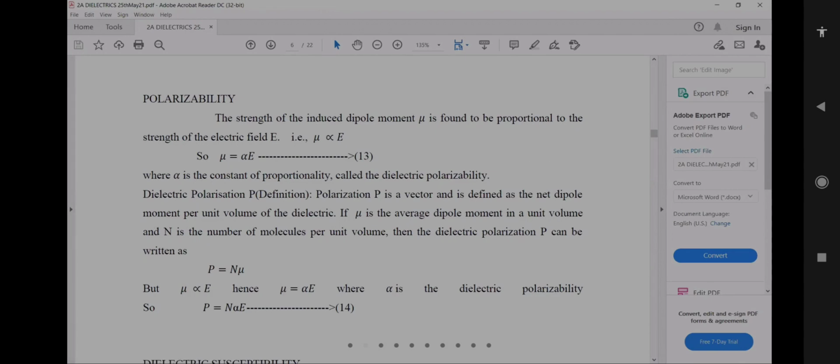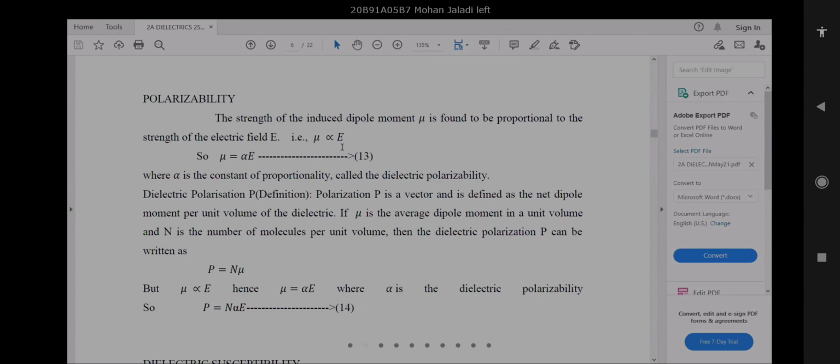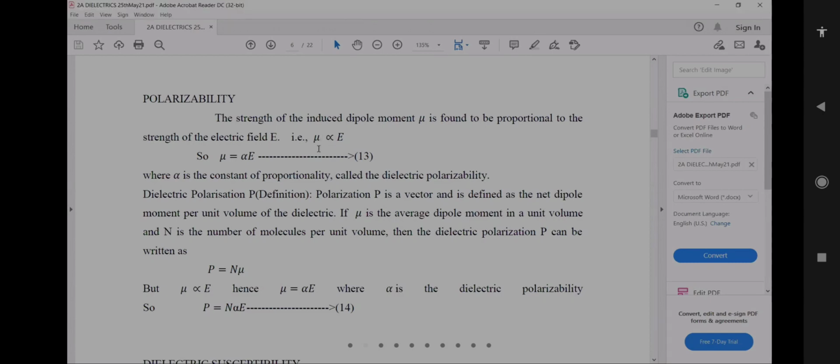Then coming to polarizability. The strength of the induced dipole moment mu is found to be proportional to the strength of the electric field E. That is, mu is directly proportional to E. Here mu is the electric dipole moment, and it depends on the applied external electric field.